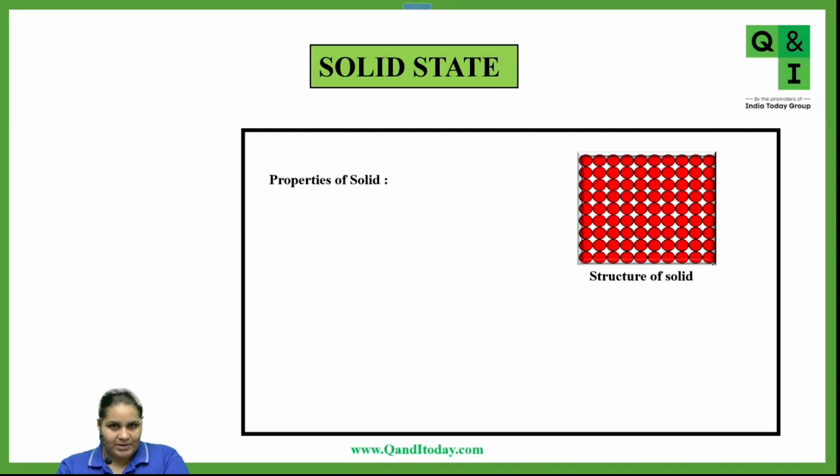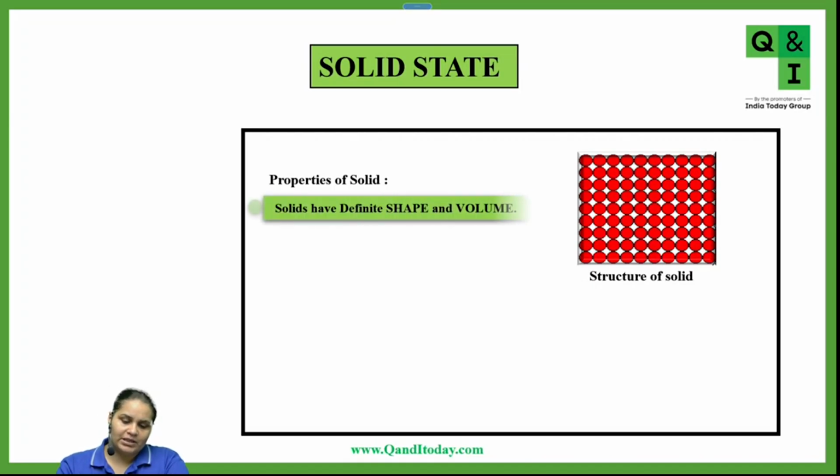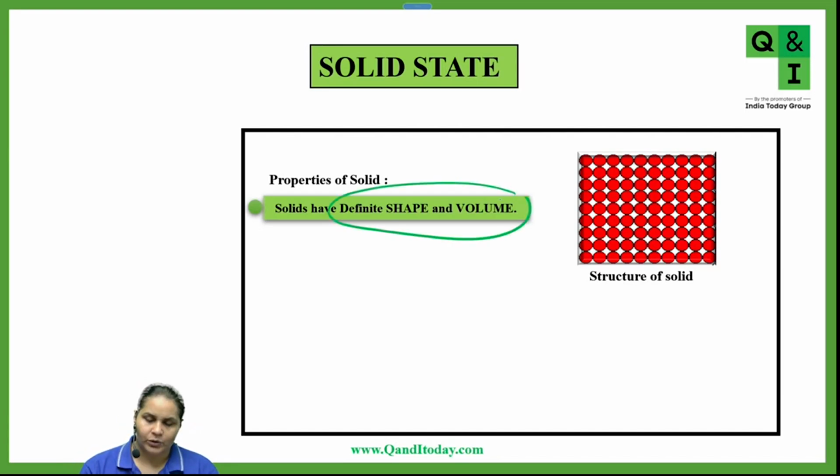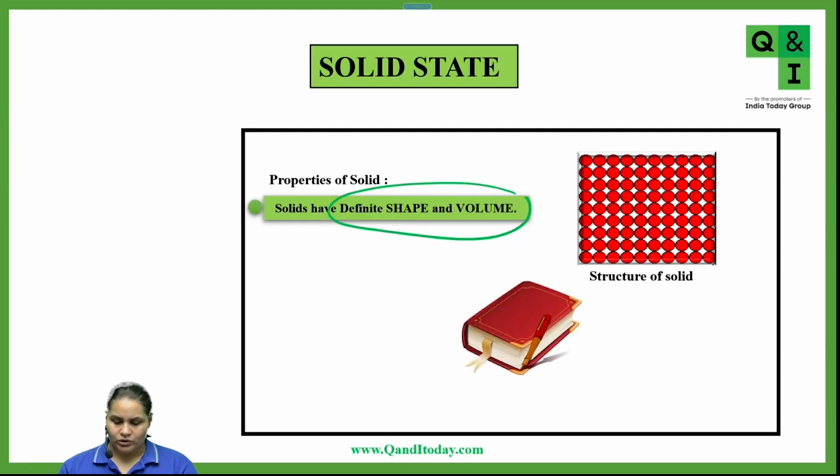So on this basis, what are the different properties of solid? First of all, they have definite shape and volume. So do remember, in case of solid, they have definite shape and they have definite volume. This is something you read in the junior classes also, right?